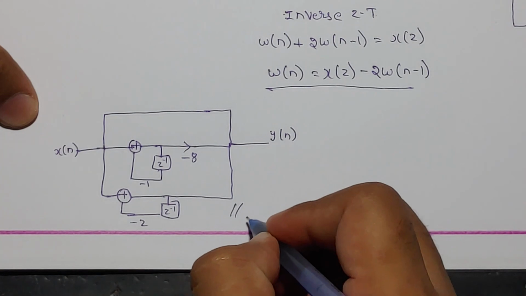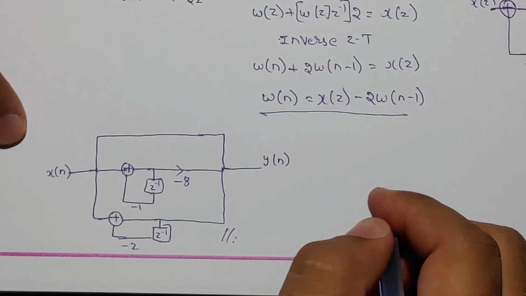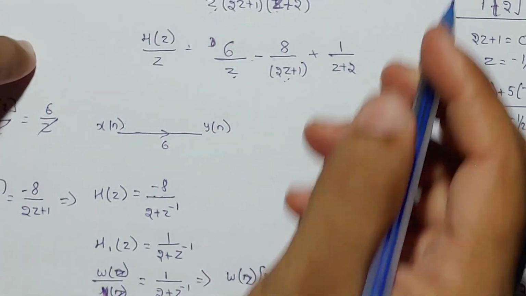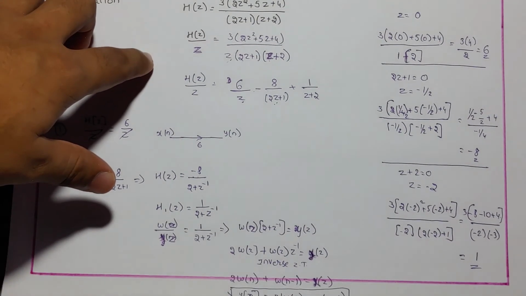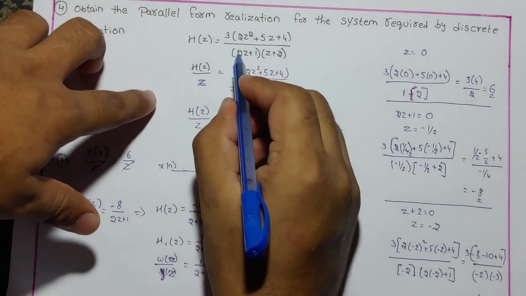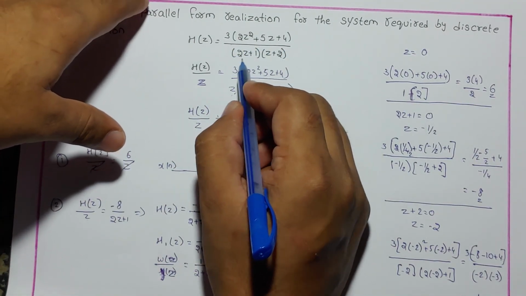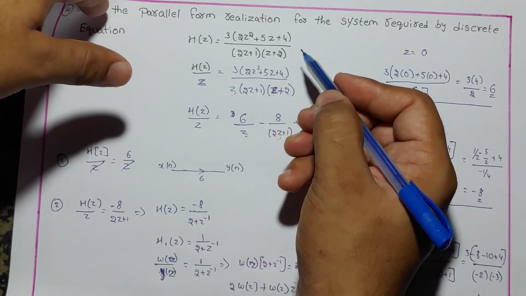So in this way we have realized the given equation H(z) is equal to (3z^2+5z)/((4)(2z+1)(z+2)).